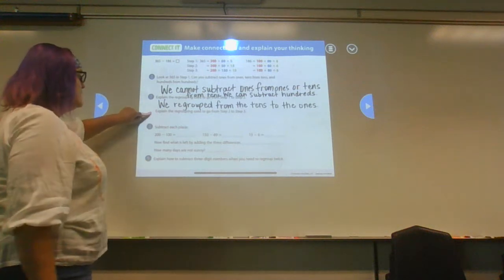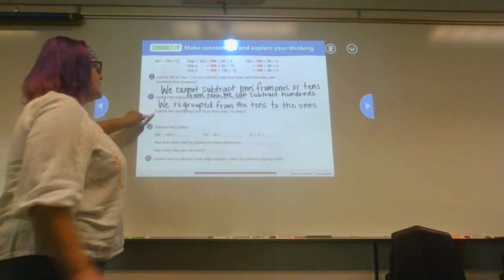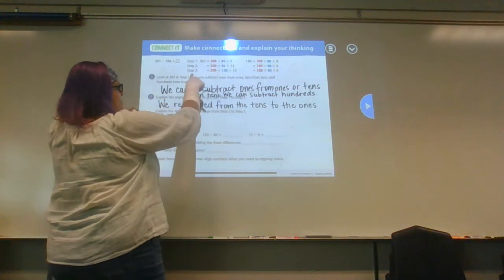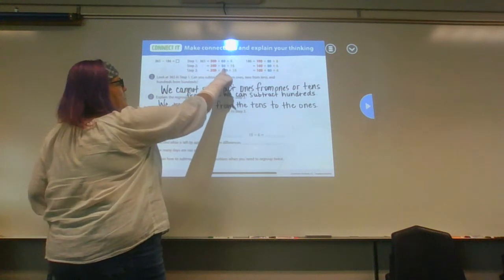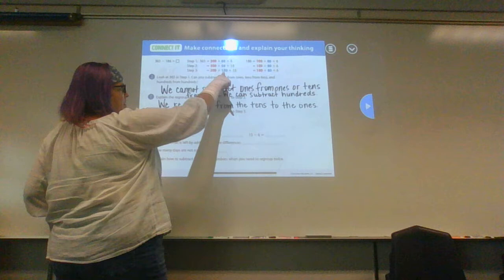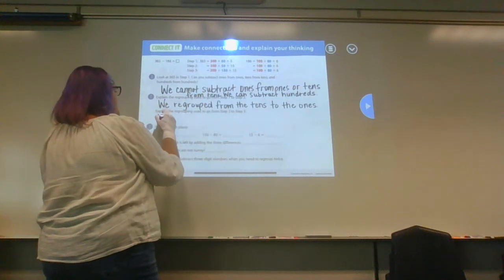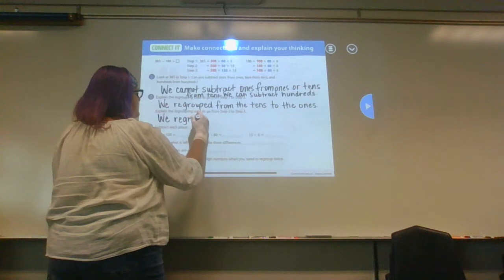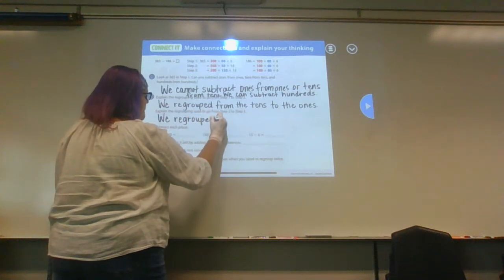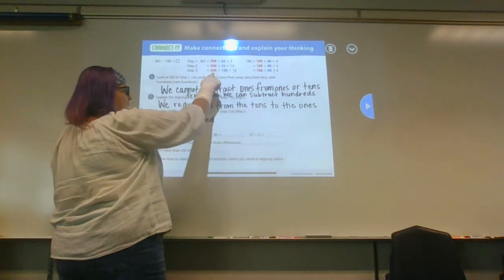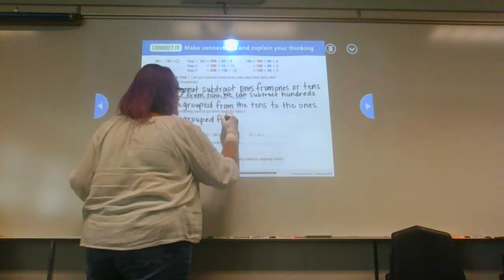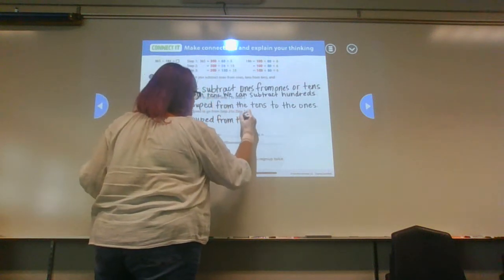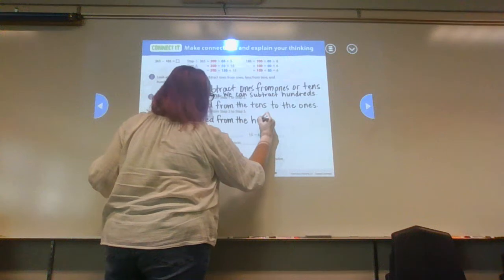All right. Explain the regrouping used from step 2 to step 3. This is where we regrouped our tens. We regrouped from the hundreds. I knew you already said it.